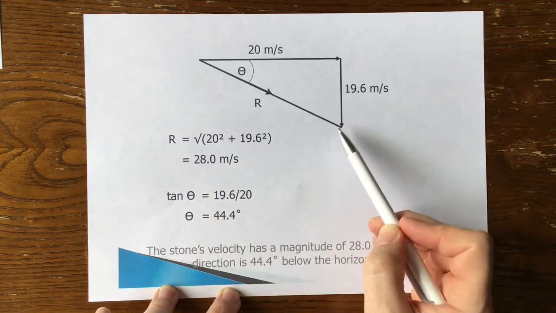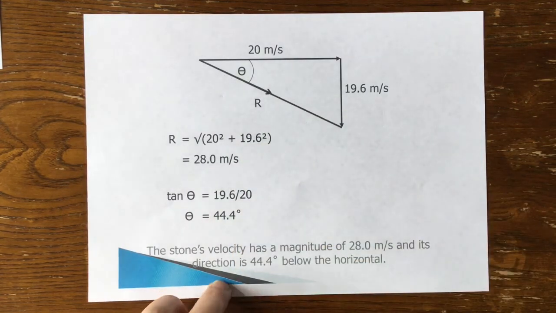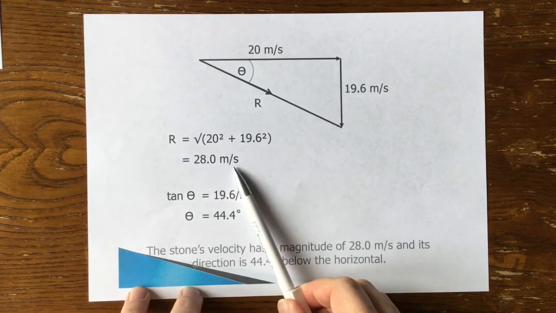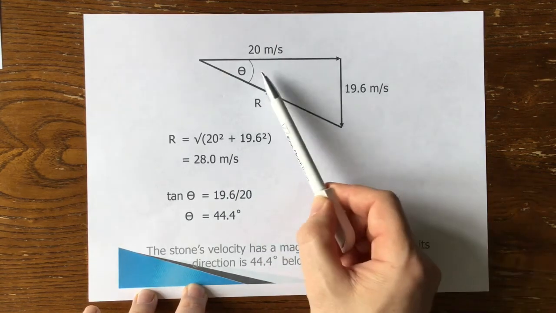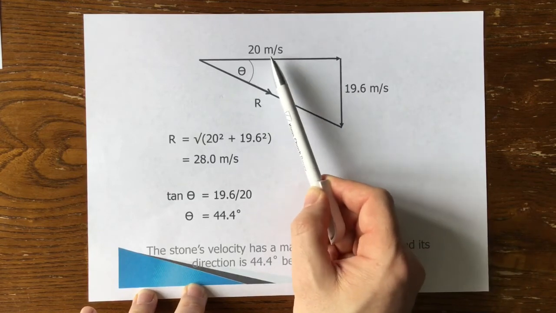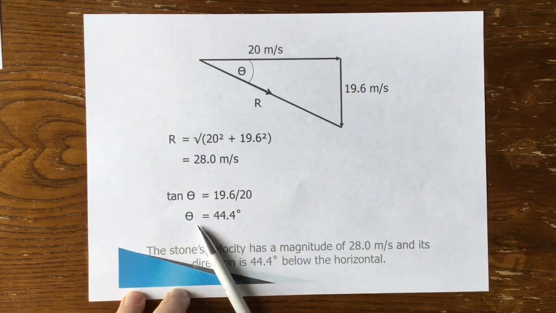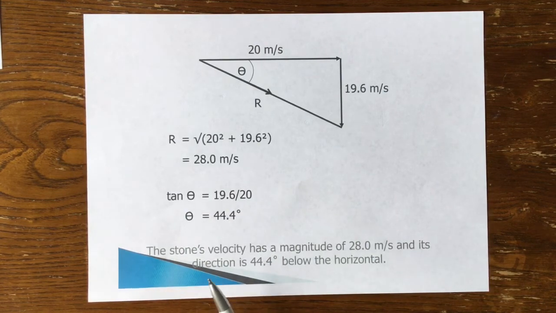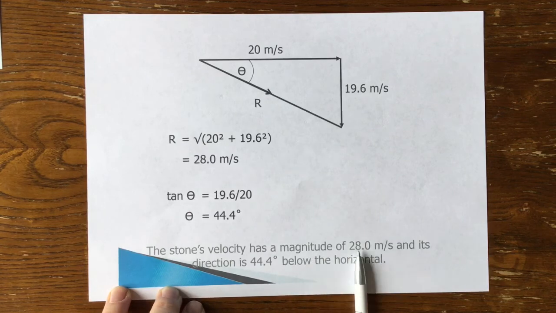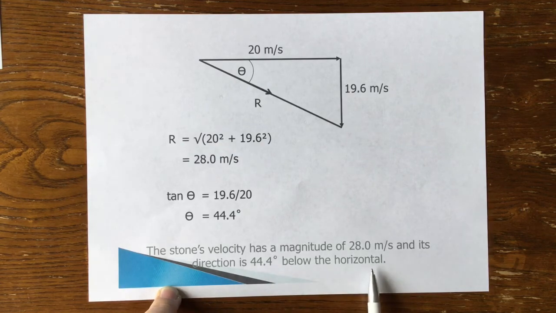So Pythagoras' theorem will tell us that the overall magnitude of the velocity is 28 meters per second. And trigonometry then will say, okay, if we treat our opposite as 19.6 and our adjacent as 20, we say that theta is 44.4. And so just to sum it up, the stone's velocity is a magnitude of 28 meters per second at a direction of 44.4 degrees below the horizontal. Very important to give that as a reference.